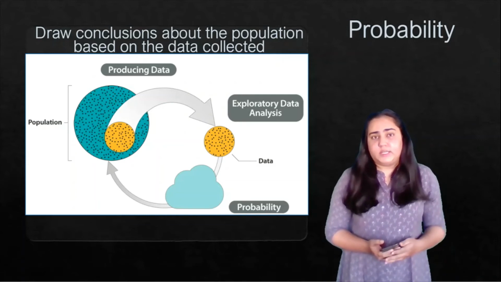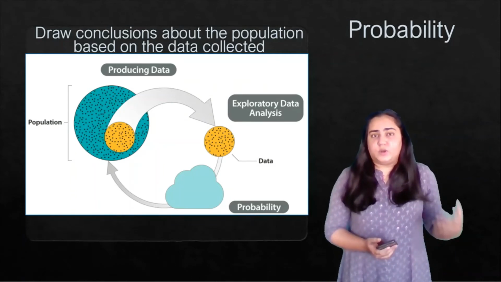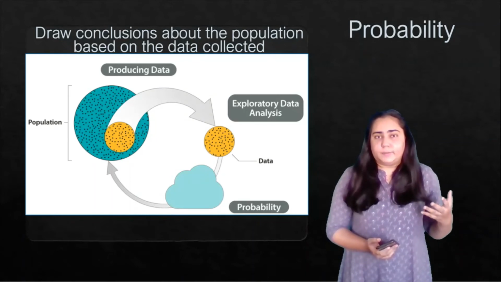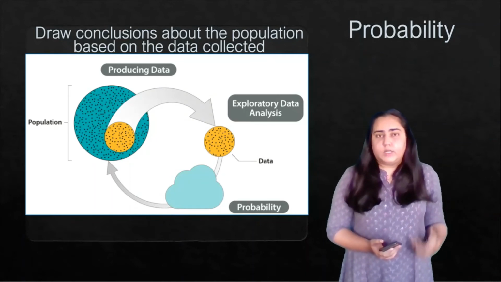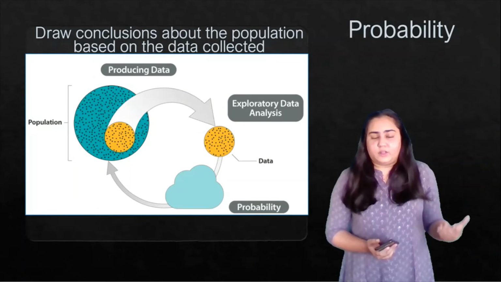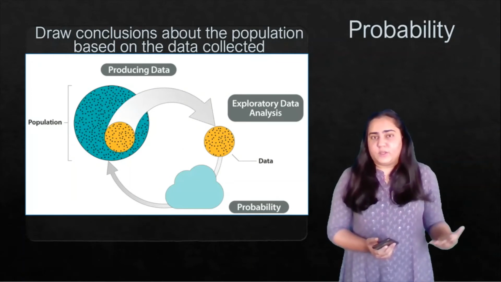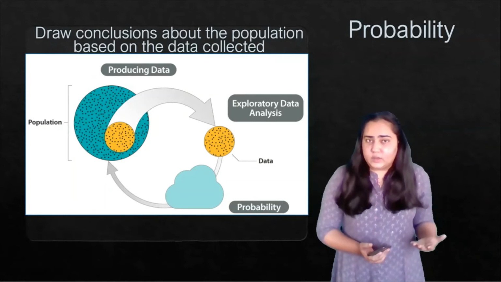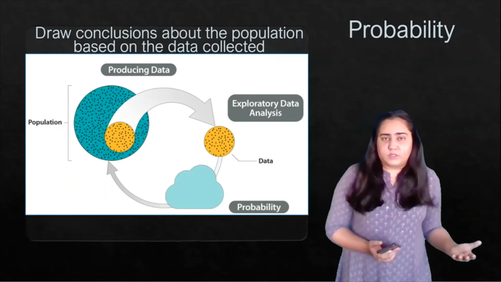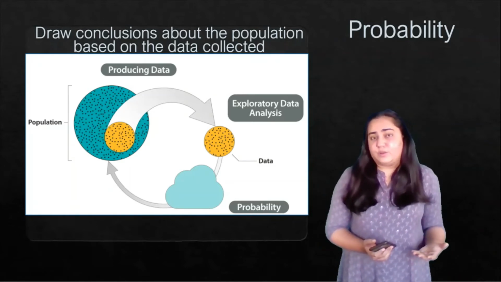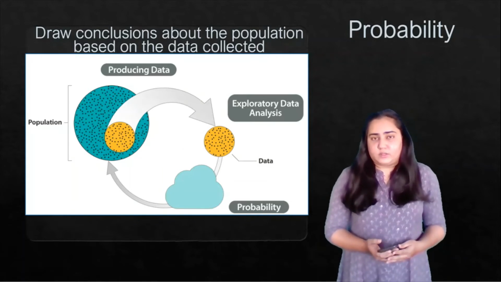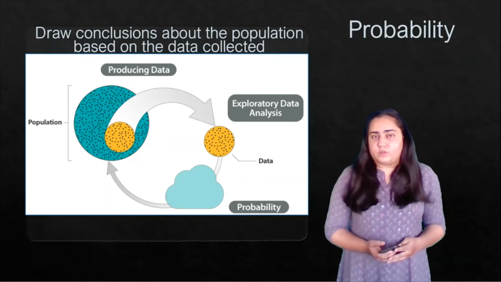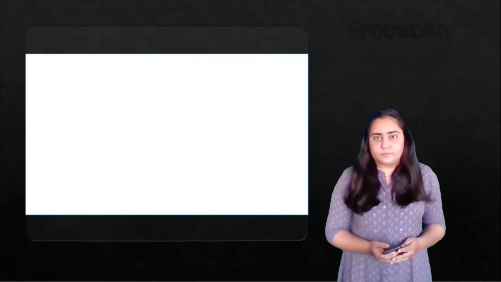Once you have summarized the data and you apply probability, you'll come to know what kind of conclusion you can draw. So if you're talking about the death penalty, then what is the probability of people supporting the death penalty and what is the probability of people not supporting the death penalty. So these types of conclusions can be drawn with the use of probability.